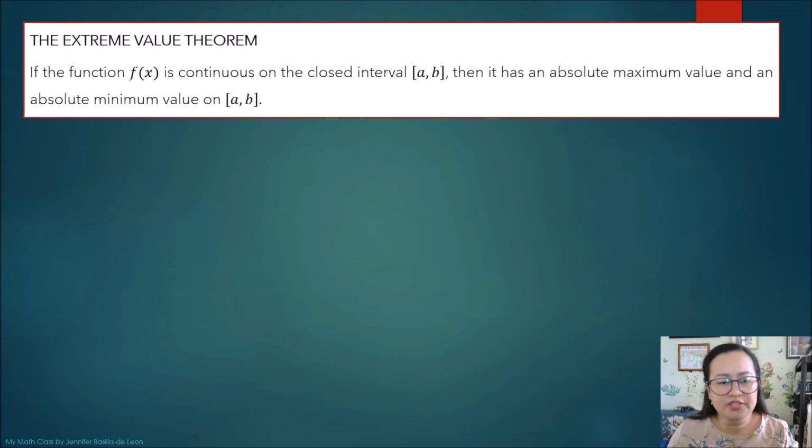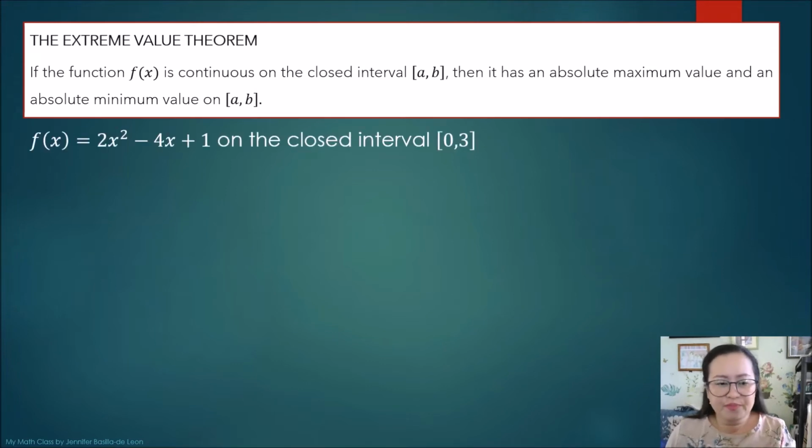Now we're ready to discuss the extreme value theorem, which states that if the function f(x) is continuous on the closed interval from a to b, then it has an absolute maximum value and an absolute minimum value on the closed interval from a to b.